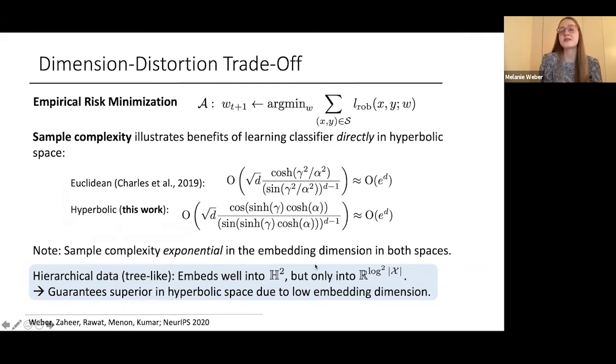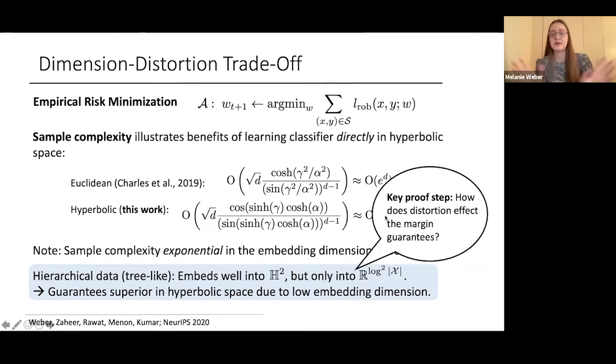But in Euclidean spaces, we would need on the order of log of the size of the tree squared to get a decent representation error. And then comparing that with the guarantees that we get, you can see that the hyperbolic guarantees are actually much superior because of the lower embedding dimension that we achieve.